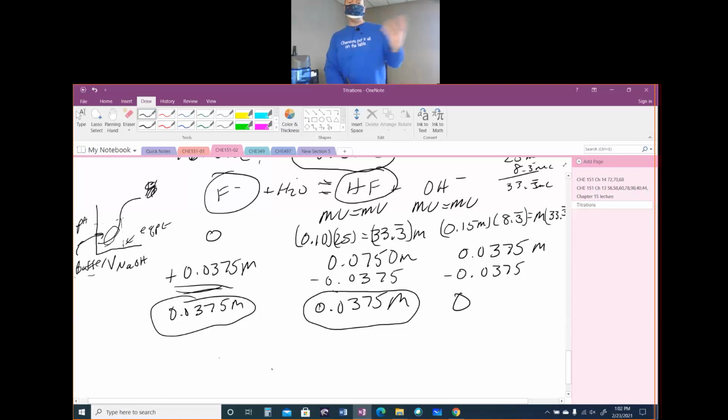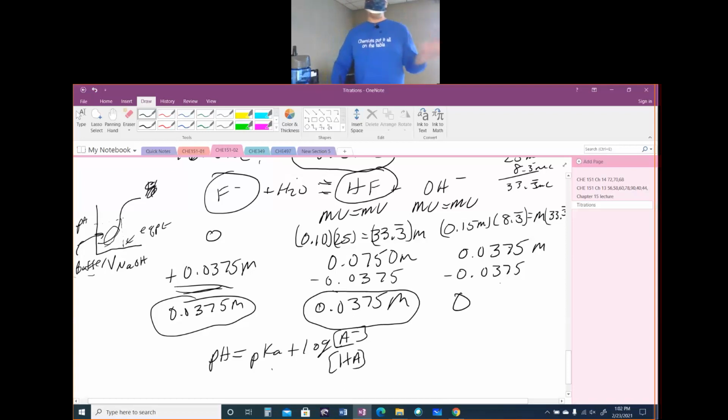And so once you recognize you have a buffer, you simply have pH is equal to pKa plus the log of A minus over HA. And what is extremely interesting, anytime you have the half equivalence point, whatever you had for HF, your OH minus will be exactly half of that, which means now you're going to have exactly the same amount of HA and A minus.